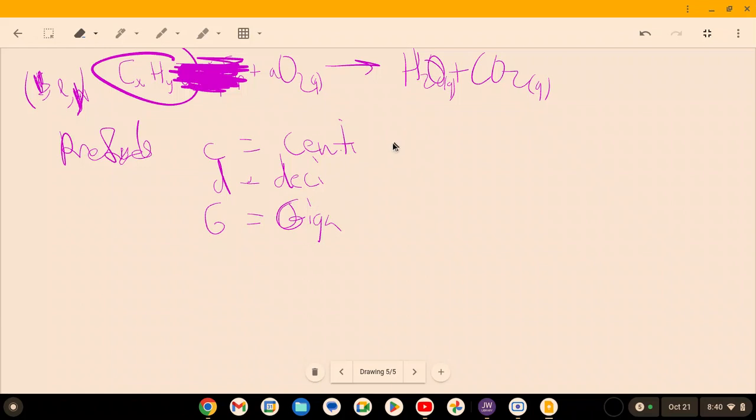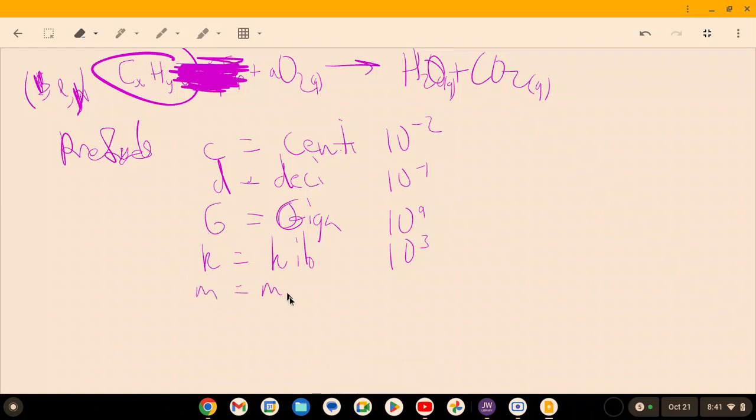Oh, and the quantity. So 10 to the minus 2, 10 to the minus 1. I think this is 10 to the 9. K equals kilo. That's 10 to the 3. M equals milli. 10 to the negative 3. N is nano. 10 to the negative 9.